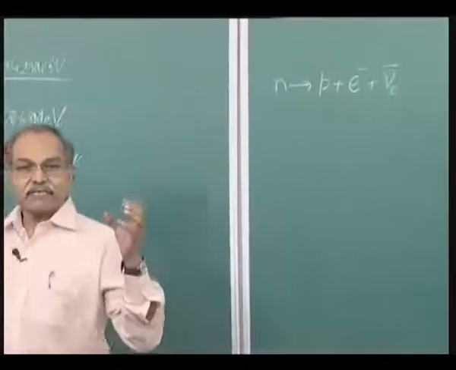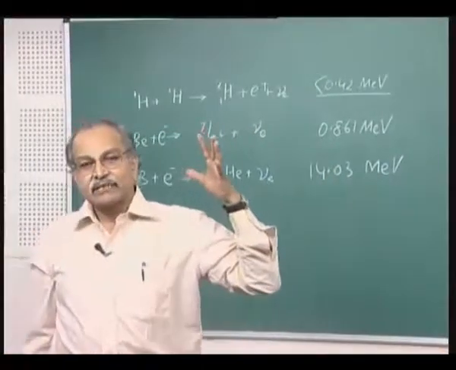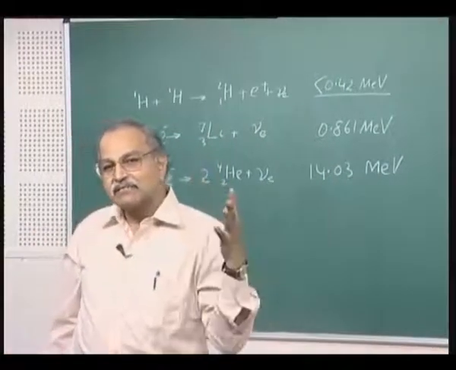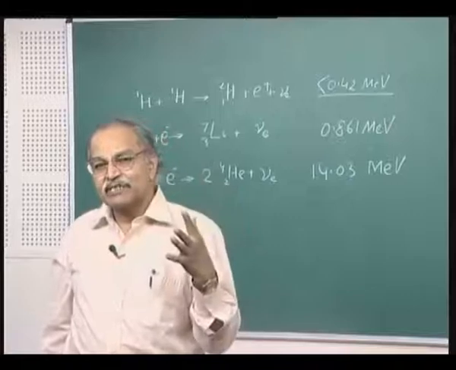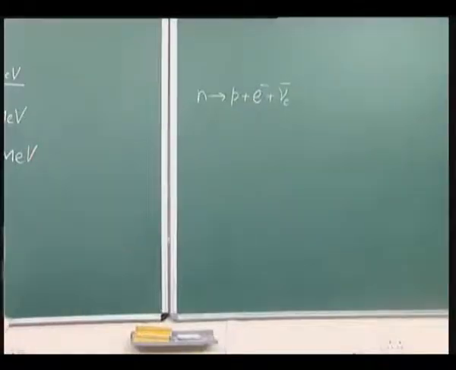So, this Reines group, Cowan and Reines, made the first experiment to measure these antineutrinos. The setup was coupled with nuclear reactors where the neutrino flux was coming.